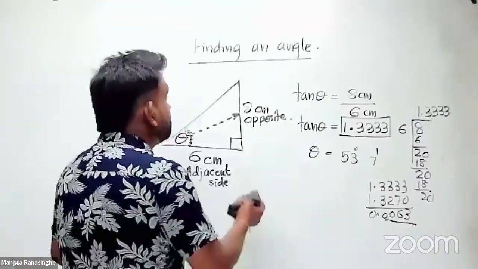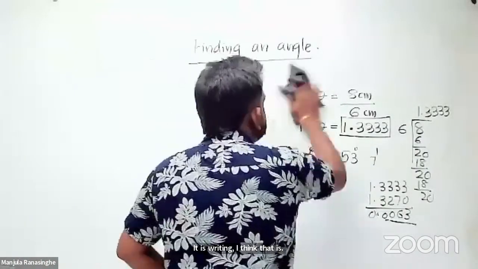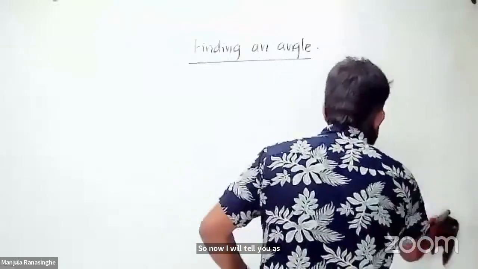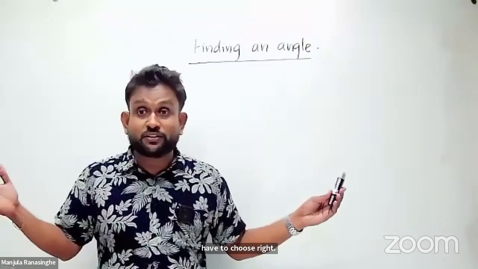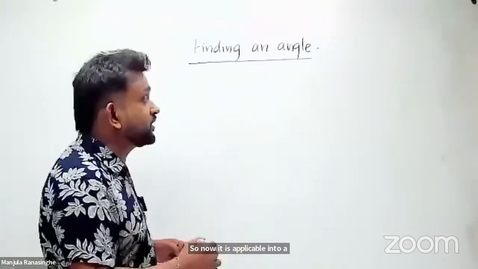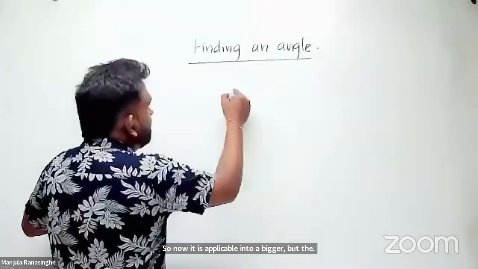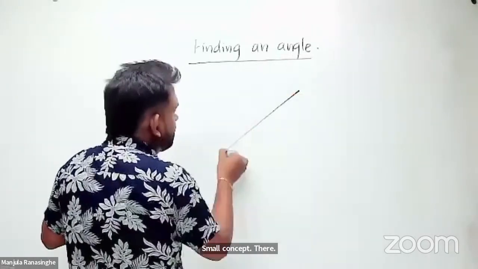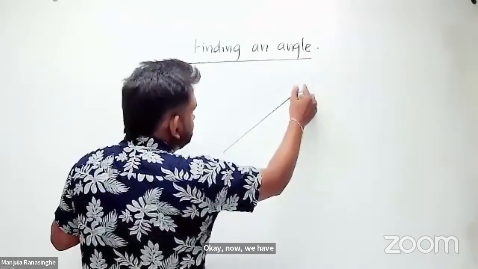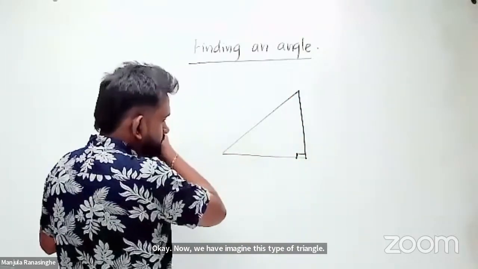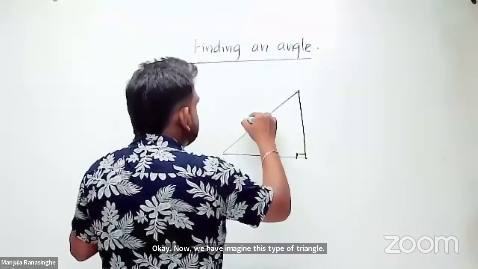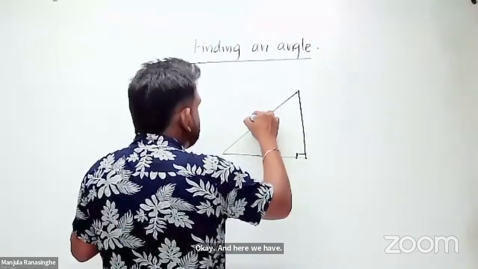So now I will tell you, as per the given side lengths, you have to choose, right? Now it is applicable to a bigger equation, but the concepts are small concepts there. Okay, now we have imagined this type of triangle. Here we have 12 centimeter.